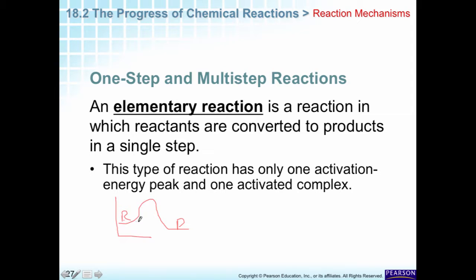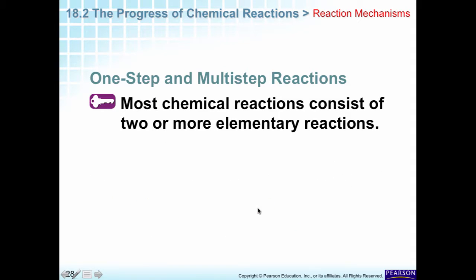So we have our reactants here, we have products here, and then we have our activated complex here. That's just an elementary reaction. Most reactions, on the other hand, have intermediate steps. So we might have something like this, and then like that, and then we have our final products. So we've got an intermediate here, all right?